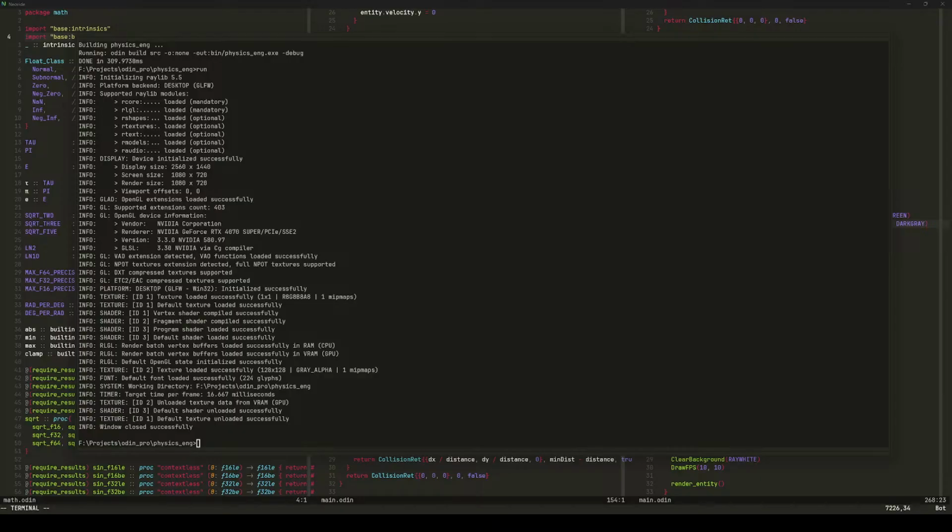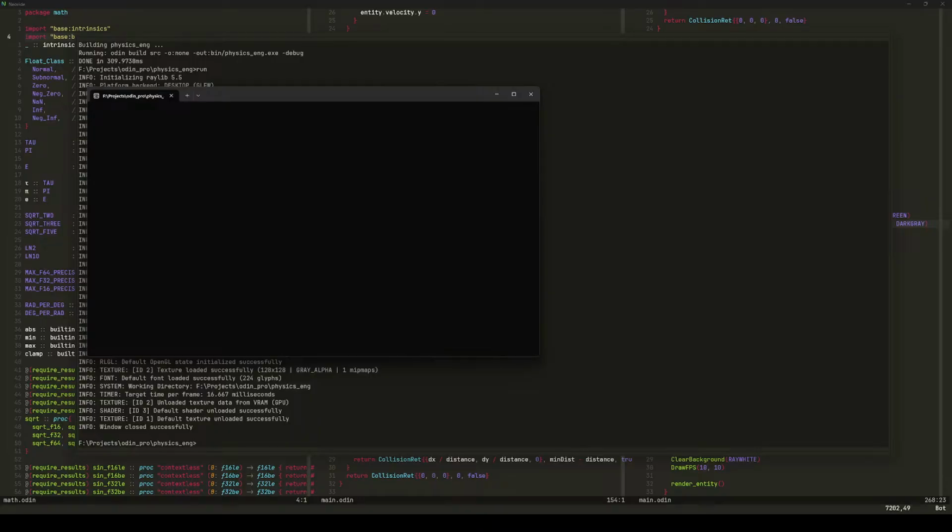Compiler is not compiling. Debugger is not debugging. Bro.